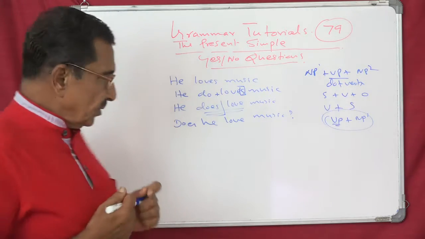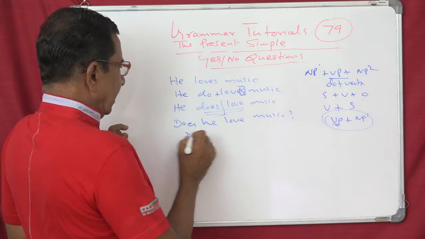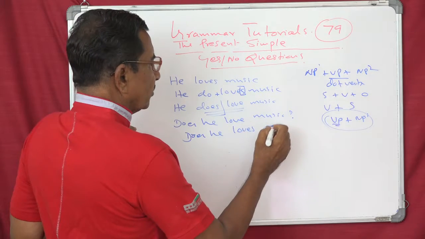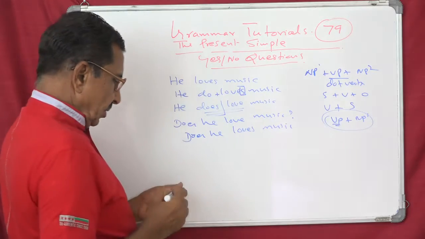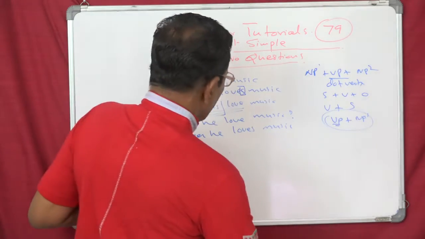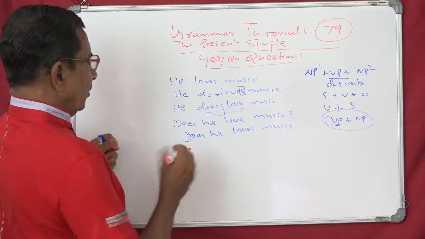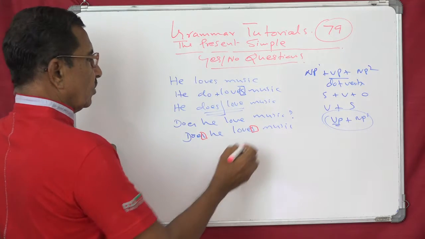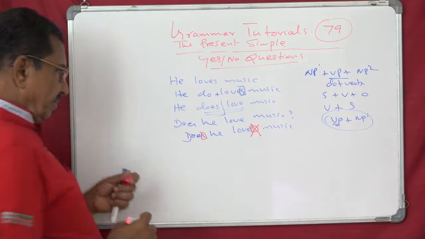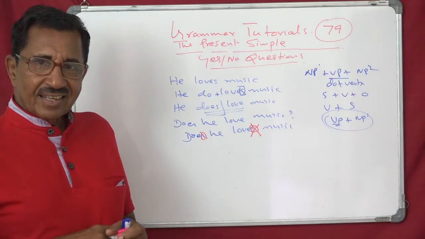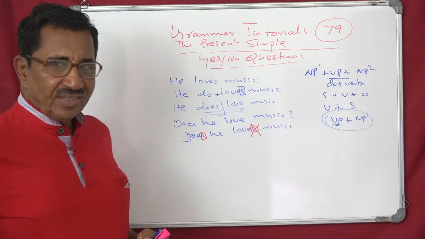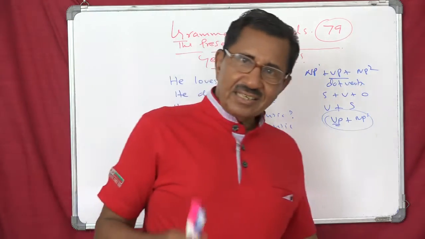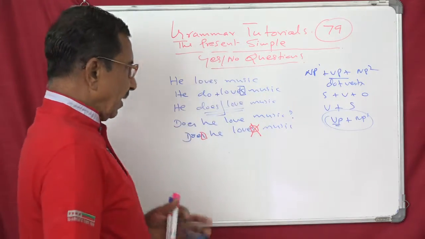Very often students write like this, does he loves music. Now this is wrong. Why is it wrong? Because you have got 2 S here, one S here and the other S here. So only one is permitted. Does he loves? Very often students, I have seen students writing it. That's why I said that this is a mistake that very often we commit.